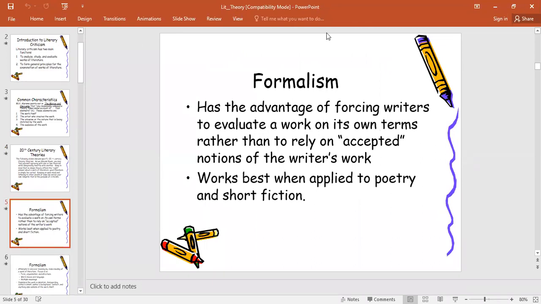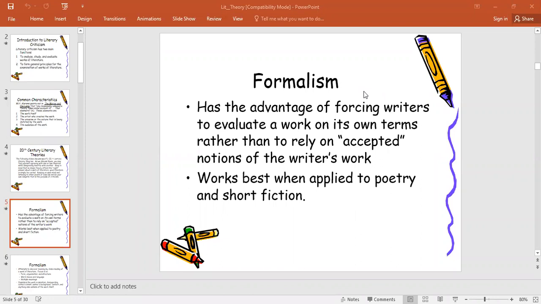Here we are moving forward to formalism, as we have already discussed the same. But now see what is the advantage of formalism? It has the advantage of forcing writers to evaluate a work on its own terms rather than to rely on accepted notions of the writer's work.